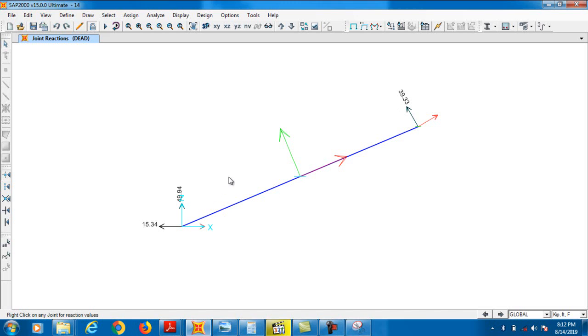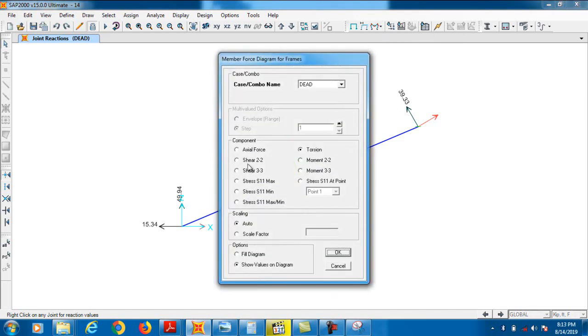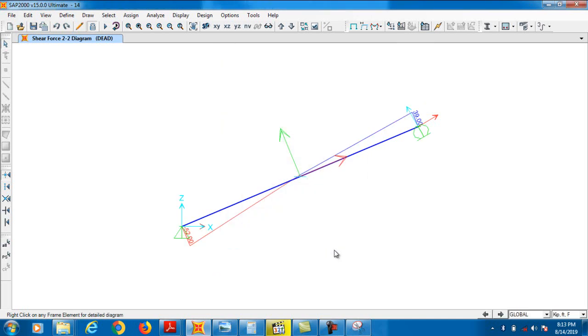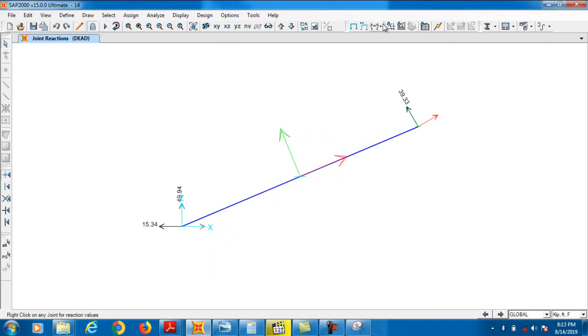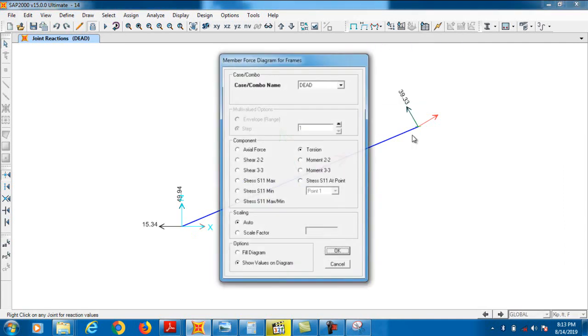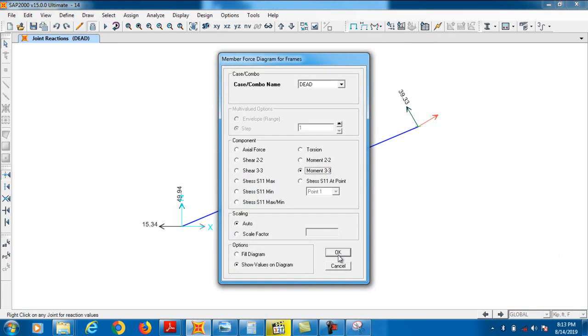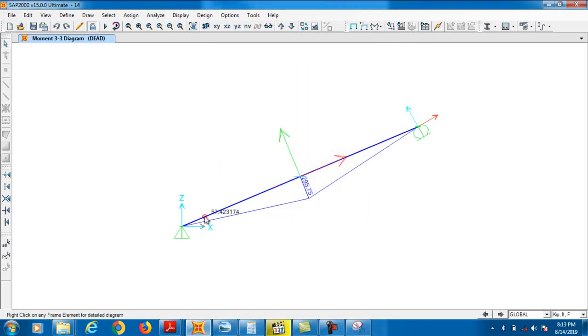This is the procedure you can use to check the shear diagram as well, and you can check the reactions as well, and the moment diagram as well. Clear? So this is the moment diagram.